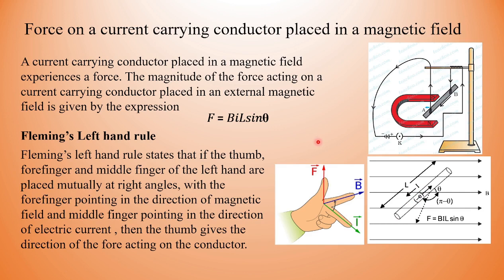Now, in which direction is the current carrying conductor moving? We have to memorize the direction, and we have a rule called Fleming's left hand rule. What does Fleming's left hand rule say? We take our left hand and stretch three fingers, the thumb, the forefinger, and the middle finger, in mutually perpendicular directions.